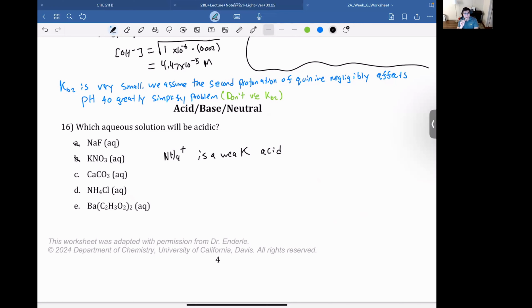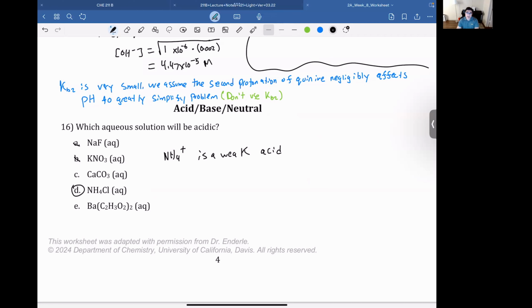NO3 minus is the conjugate base of HNO3, which is a strong acid, so it's not going to do anything. It's just going to float around in water and won't produce any OH minus ions. So it's not B. Calcium carbonate won't do anything either, but it's going to be D for your answer here.